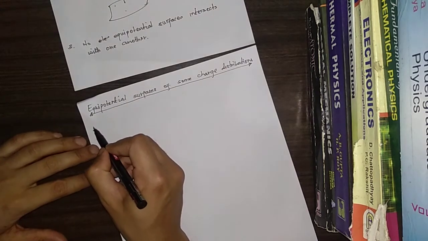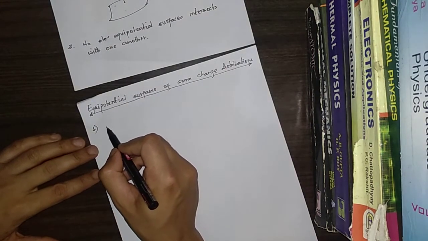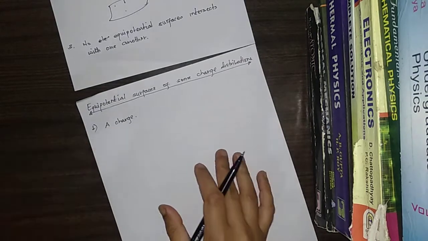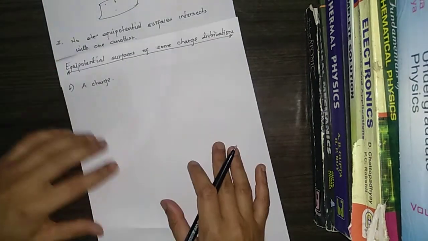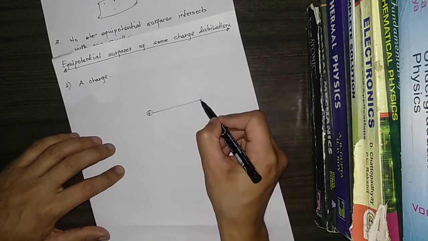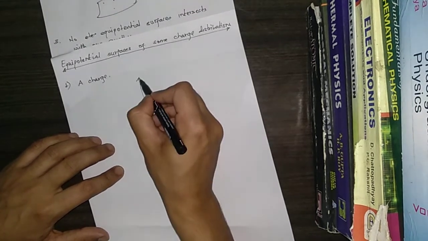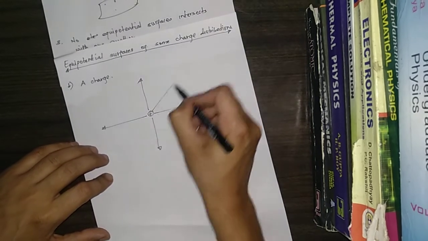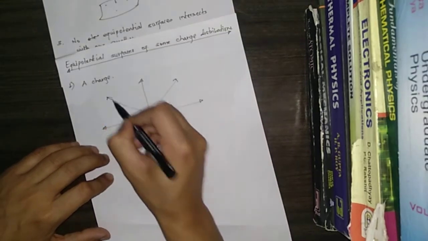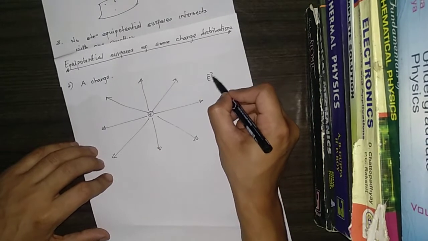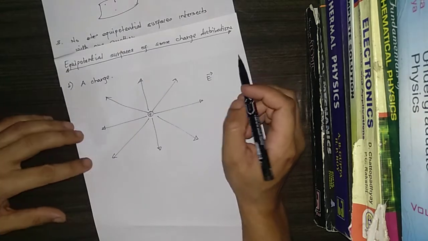Suppose you have a single charge. Suppose you have a positive charge. Its electric field lines are outward in all directions. So these are basically the electric field lines of a positive charge.